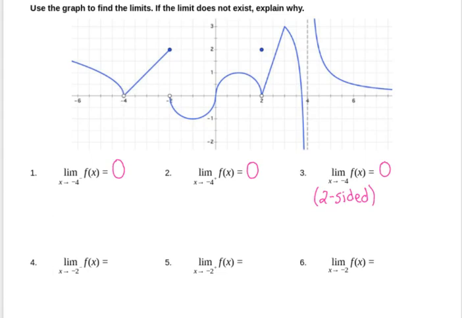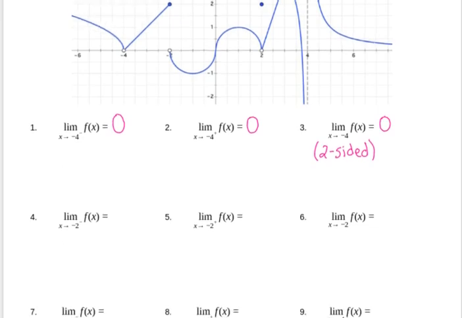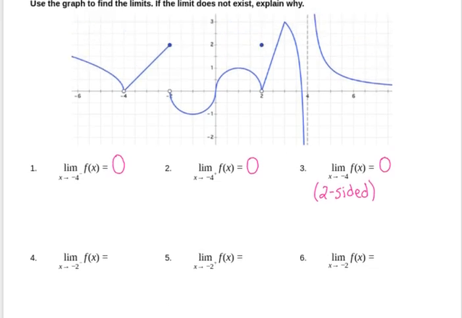Okay, now we're looking at the limit of f of x as x approaches -2 from the left. So -2 is right here. I want to approach -2 from the left side, so I'm looking over here. That is a y value of 2.